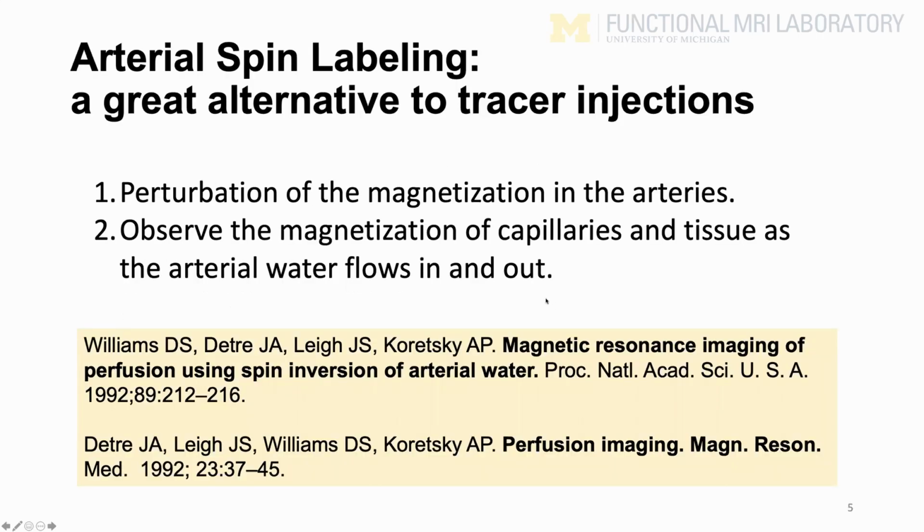So of course, especially with this audience, you're all thinking arterial spin labeling. And yes, it's a great alternative to doing tracer injections and shooting gadolinium into people. In a nutshell, what you're doing is a perturbation of the magnetization in the arteries, and then you observe the magnetization in the tissue and the capillaries as that perturbation that you create in the arteries gets into the tissue and the capillaries.